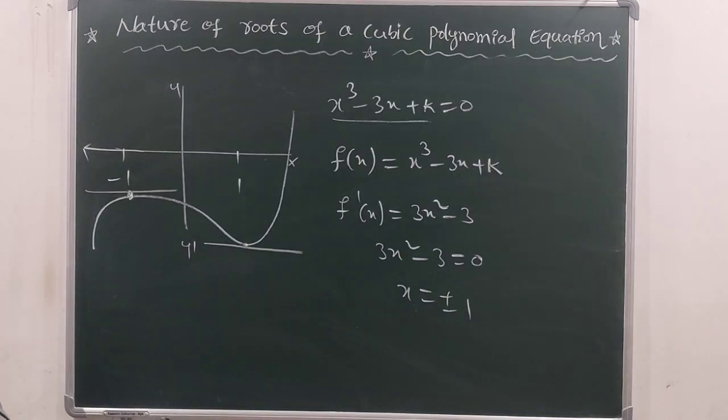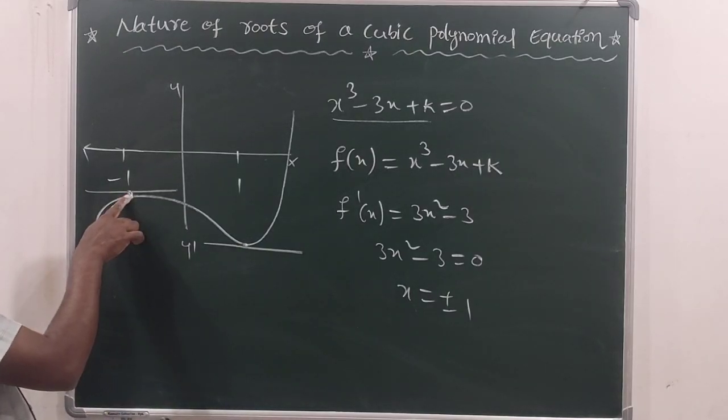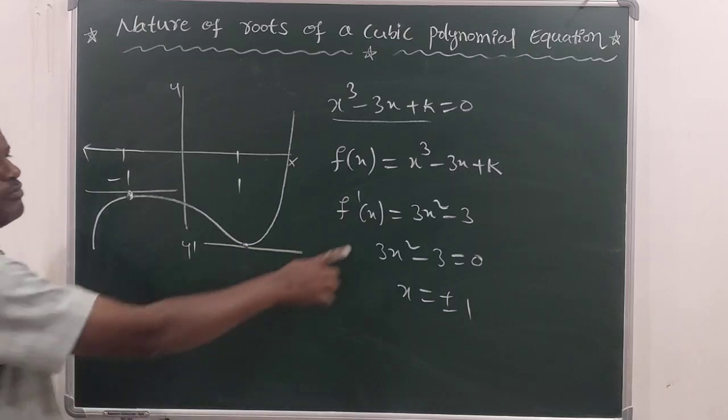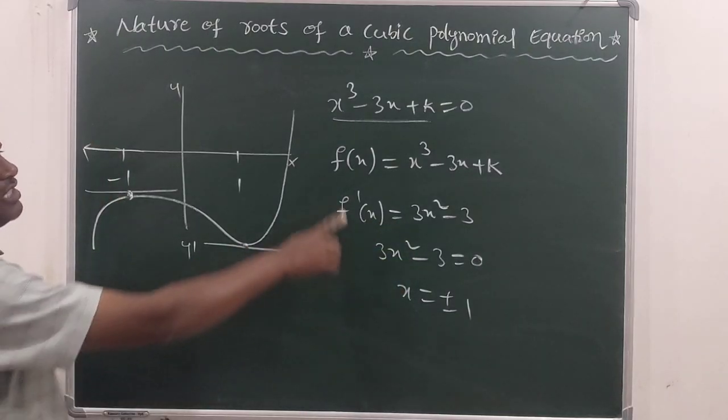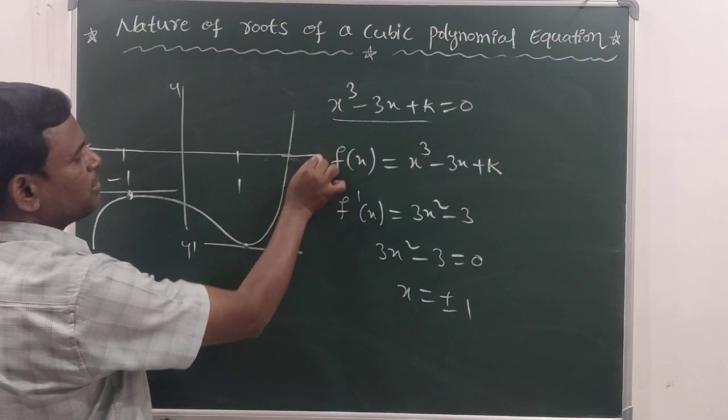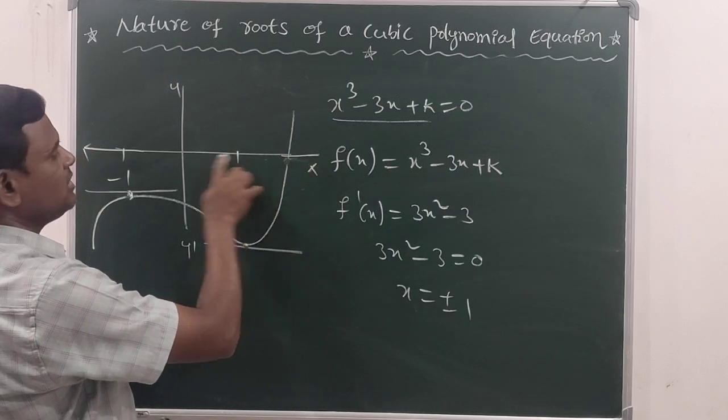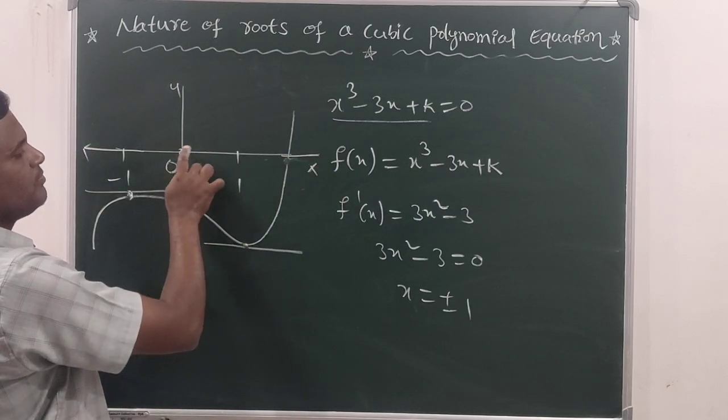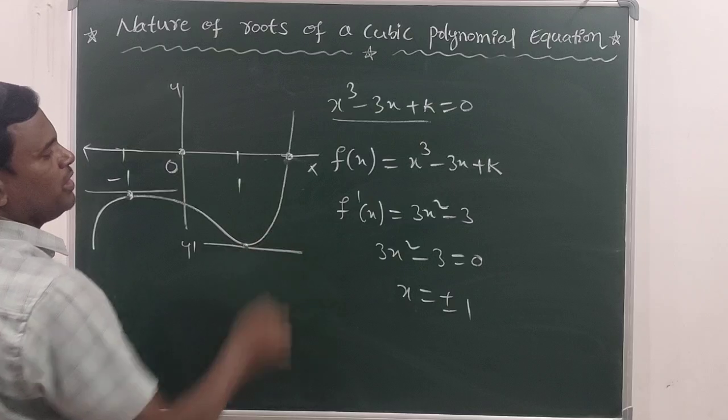Here f dash of minus 1 is 0, f dash of 1 is 0. So they said that it has a positive real root intersecting the x axis in the positive direction. Here it is the positive real root.